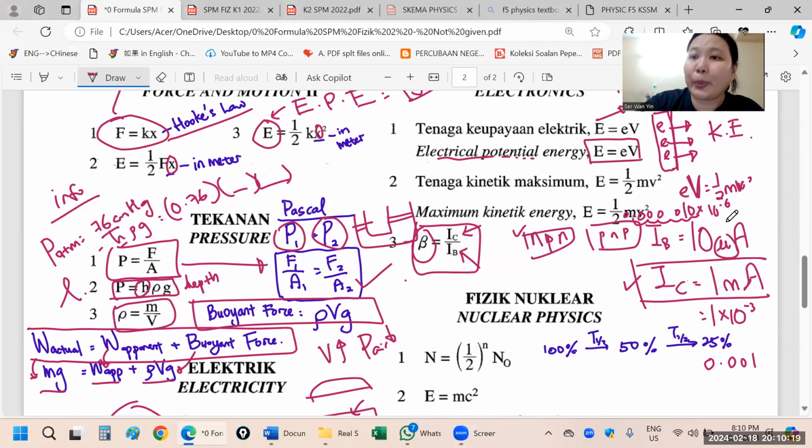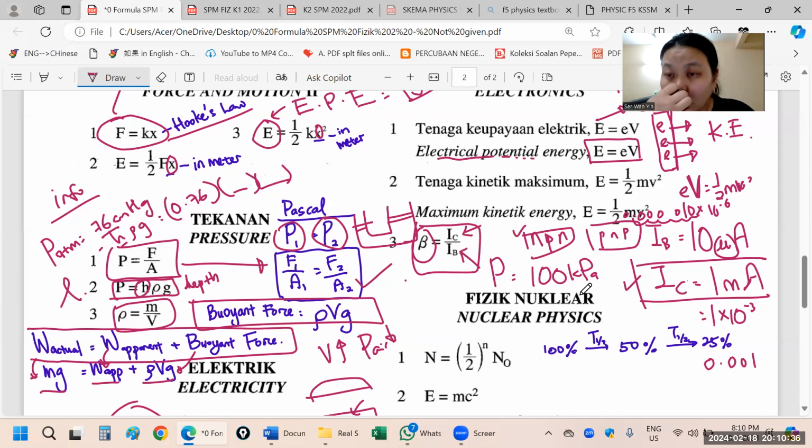Okay? So be careful about prefix. I'm worried about your prefix. Forgot to change. Like for example, P equals to 100k Pascal. Can you please interpret this for me? So actually this is equals to how much?